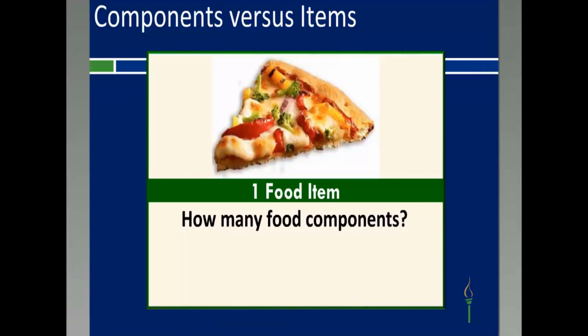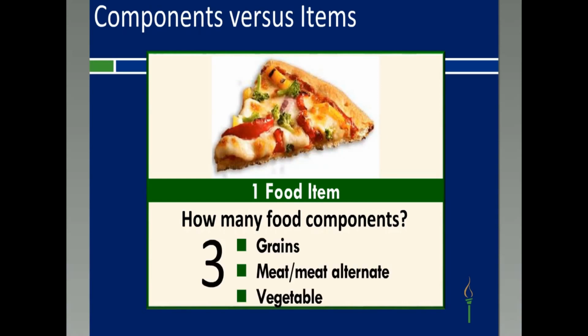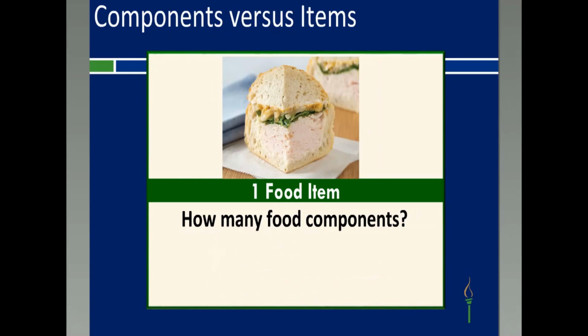Here's an example of a pizza. It's considered one food item, but how many food components might it consist of? It would have grains, meats, and vegetables. This, we could call it a turkey sandwich or a turkey sub.